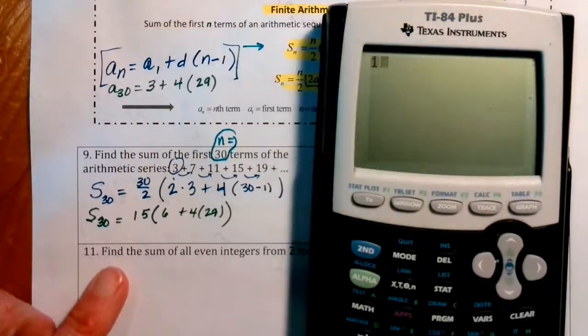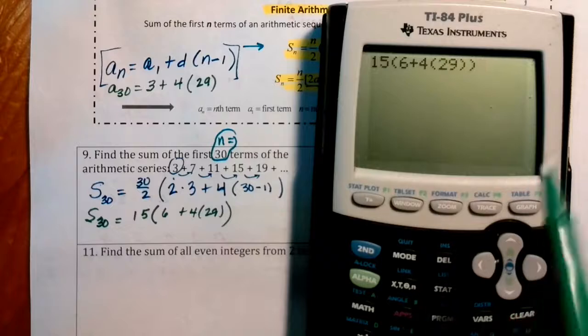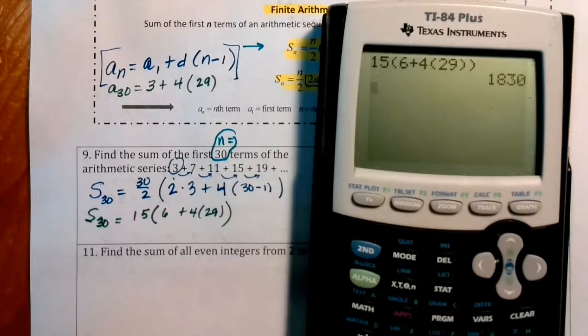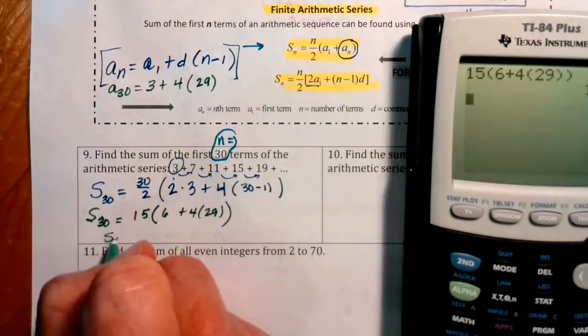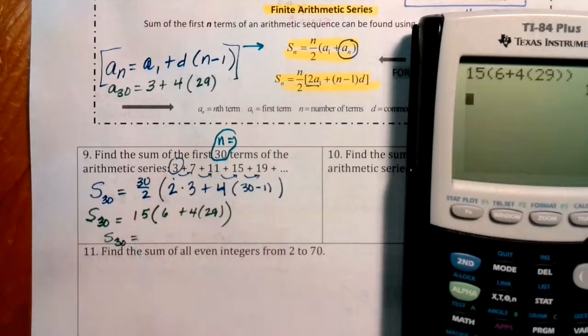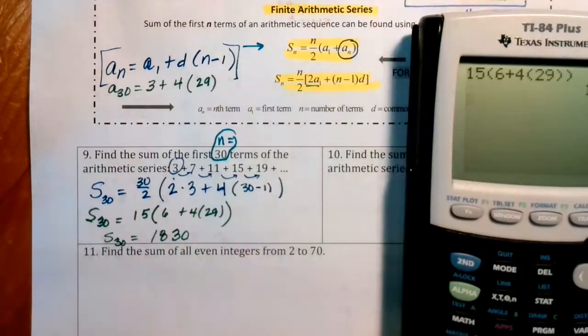And you can go ahead and say 15 times 6 plus 4 times 29. That's the greatest thing. Your calculator knows order of operations. And as long as you get all your parentheses right, you're in good shape. So the sum of the first 30 terms of that sequence is 1,830.